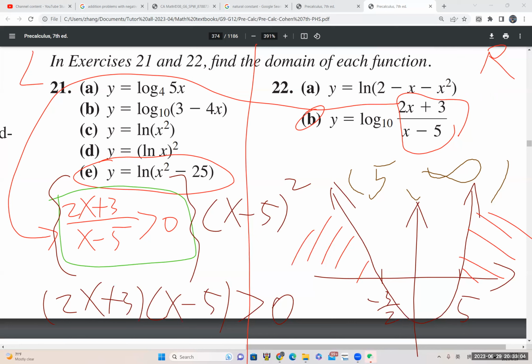That means the answer is x less than -3/2, or x greater than 5. That's why we get part of the domain. Okay, if you want, you can screenshot.